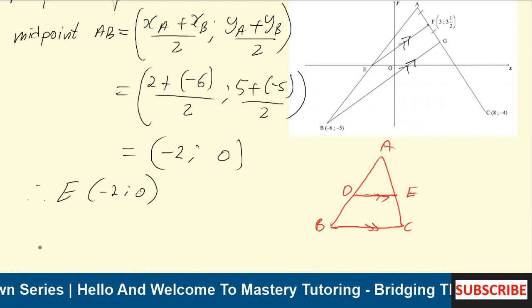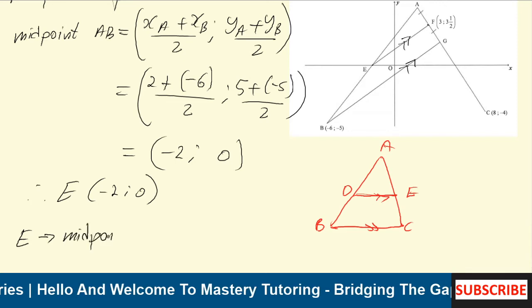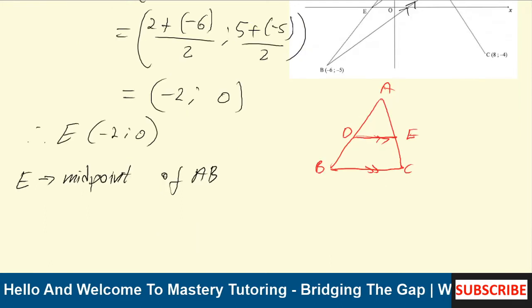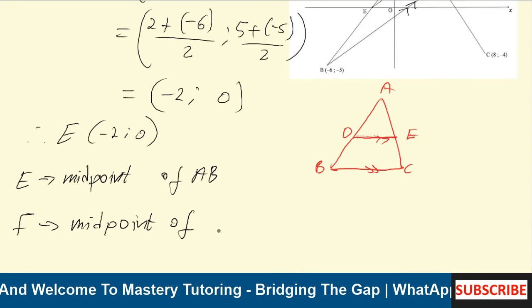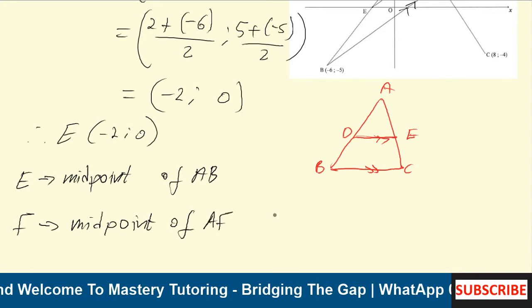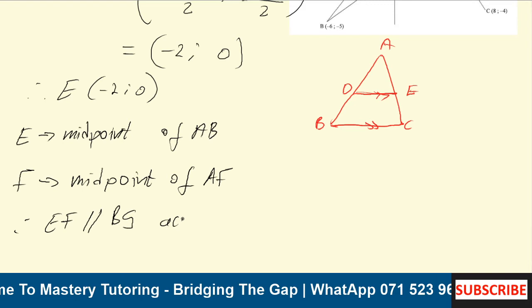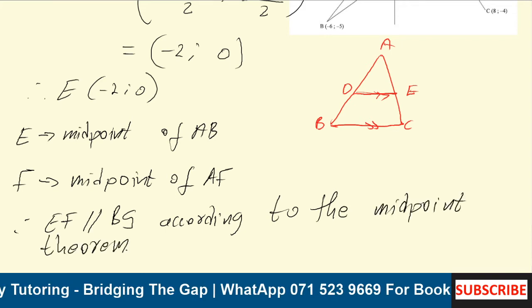So now to put it in writing, let me just say E is the midpoint of AB and F is the midpoint of AG. Therefore, EF is parallel to BG according to the midpoint theorem.